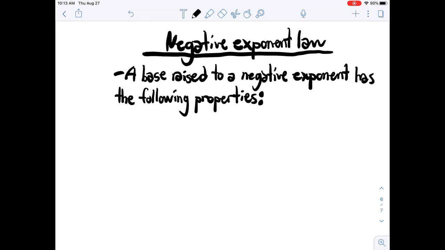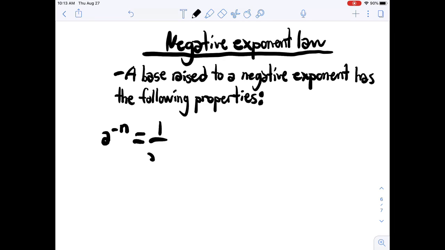All the stuff I talked about above of moving the power with a negative exponent to the opposite side of the fraction, that is part of the negative exponent law. It states that a base raised to a negative exponent has the following properties. So in this case, I'm just going to use variables. So a to the power of negative n.